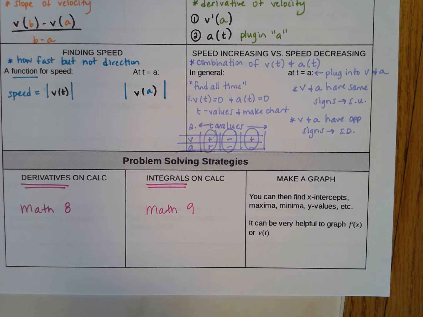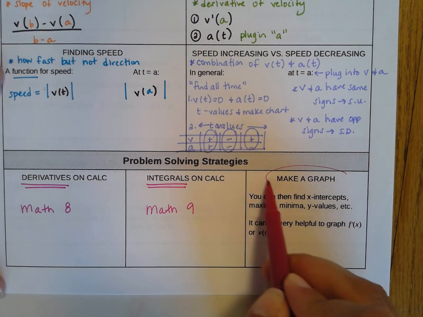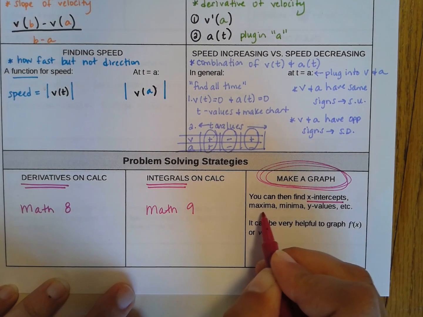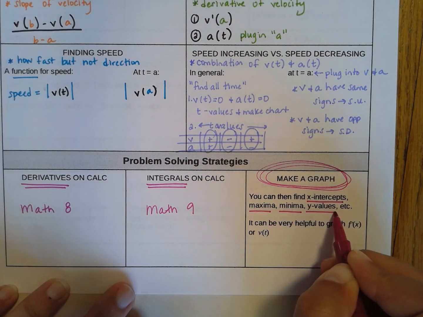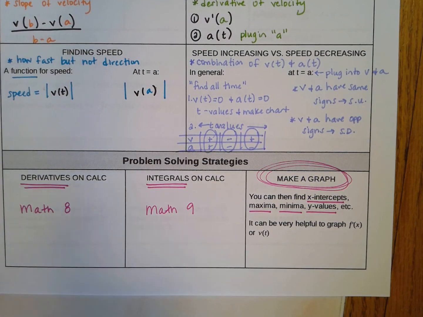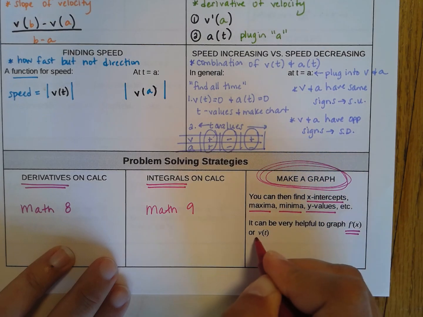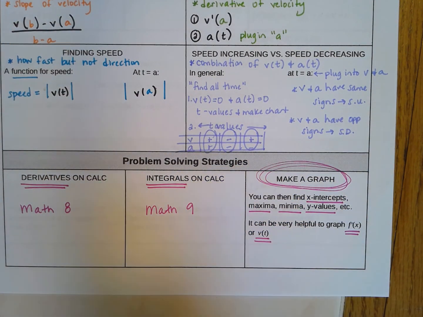So if you wanted to find displacement and you needed to integrate velocity, you might just let your calculator do that work for you. And your calculator can make a graph, and this might be the most important thing that your calculator can do. Because once you have a graph, you can find the x-intercepts, the maximums, the minimums, the y values, all of it. It can be really, really helpful to make a graph of f prime or make a graph of velocity, because that would allow us to answer a lot of these questions.